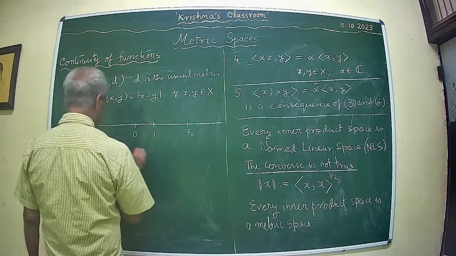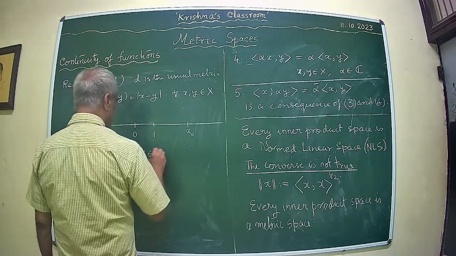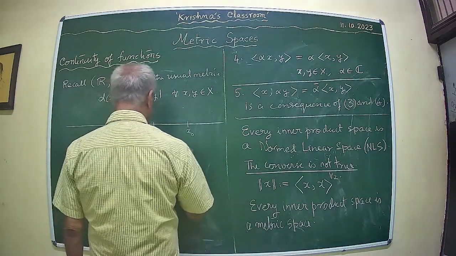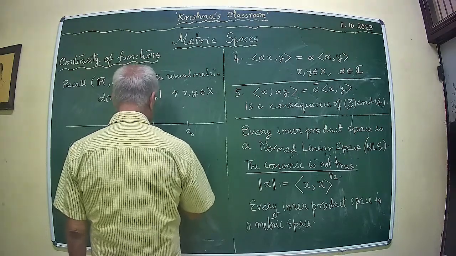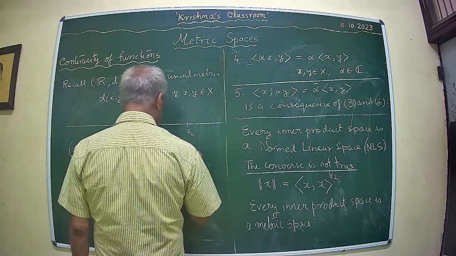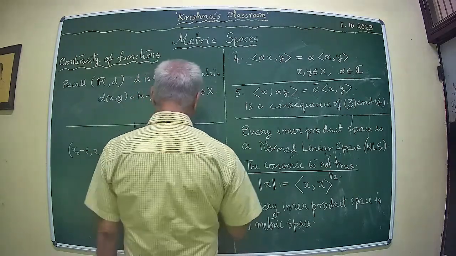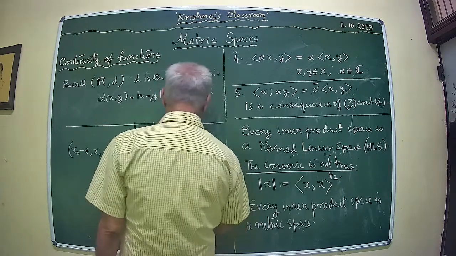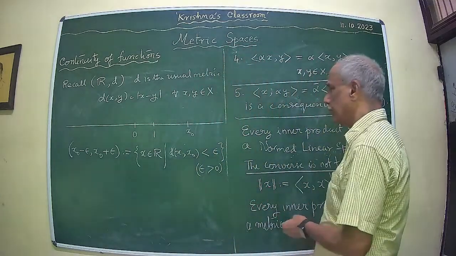This consists of all those x belonging to R such that |x - x naught|, or d(x, x naught), is less than epsilon, where epsilon is positive.